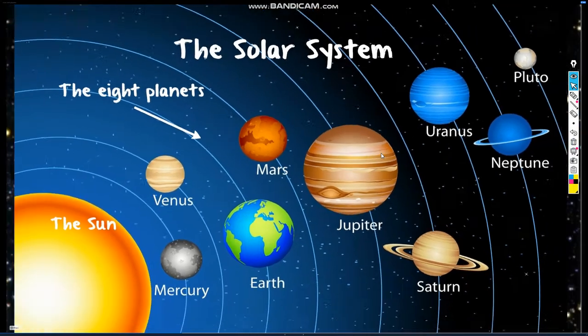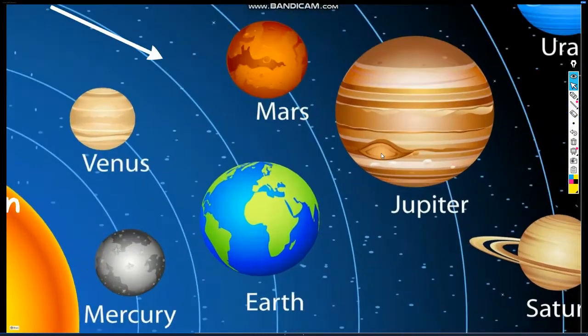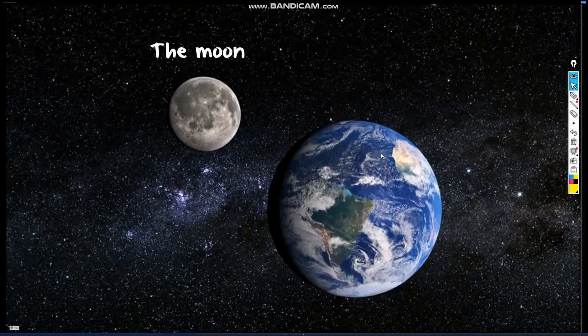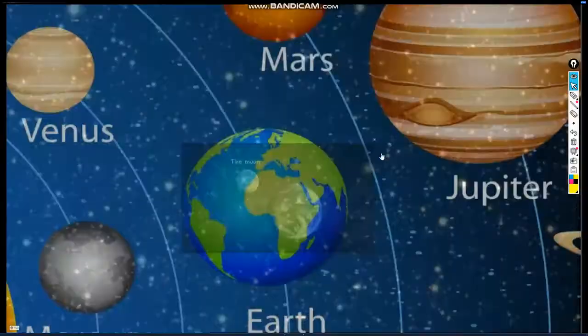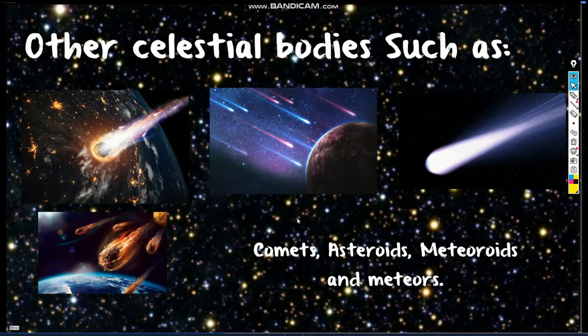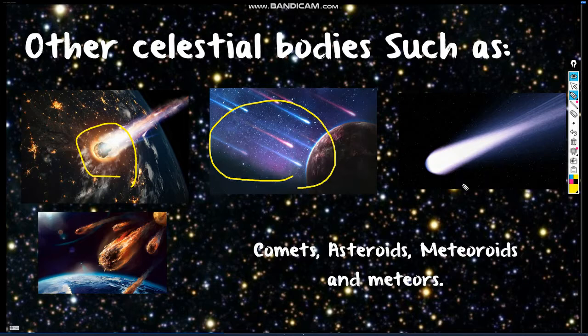Also, we have the moon, the moon that is rotating around our Earth. The moon is a part of the solar system. There are also other celestial bodies, such as comets, asteroids, meteoroids, and meteors.